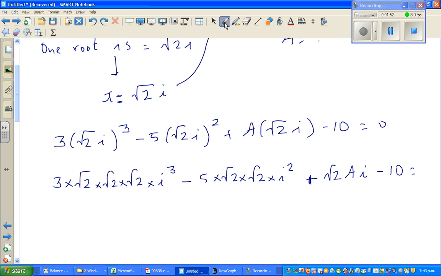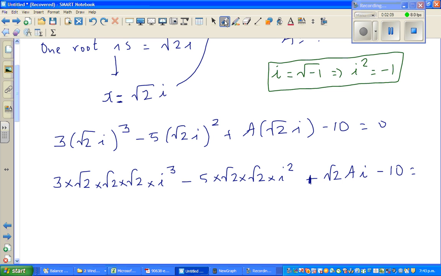Before I move on to the next step, you should know that by definition i is the square root of negative 1, which implies i squared is negative 1. So i squared can be written as negative 1. Also, root 2 times root 2 becomes 2.